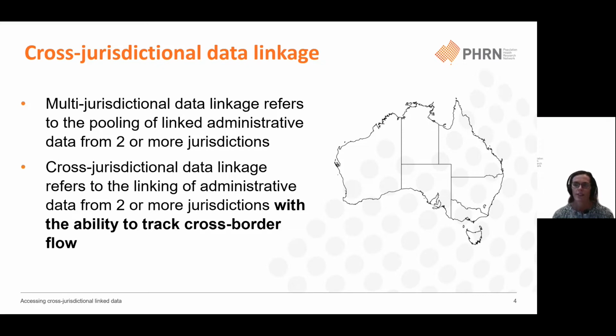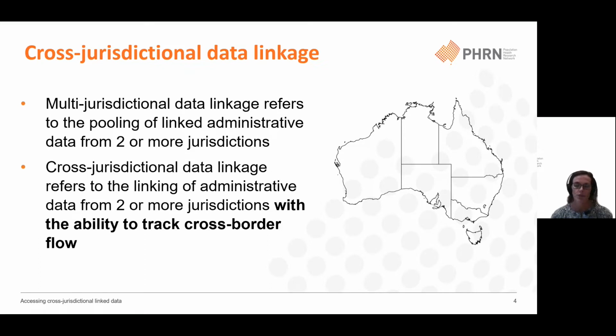And similarly, the researcher could receive linked death records of New South Wales residents diagnosed with cancer if they subsequently died in New South Wales, and so on. However, the researcher would not be able to tell whether residents diagnosed with cancer in New South Wales subsequently died in Western Australia or another state or territory. And the same would apply to each jurisdiction in the multi-jurisdictional research project.